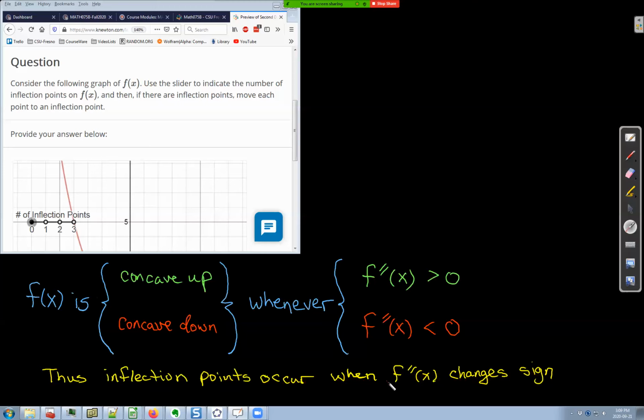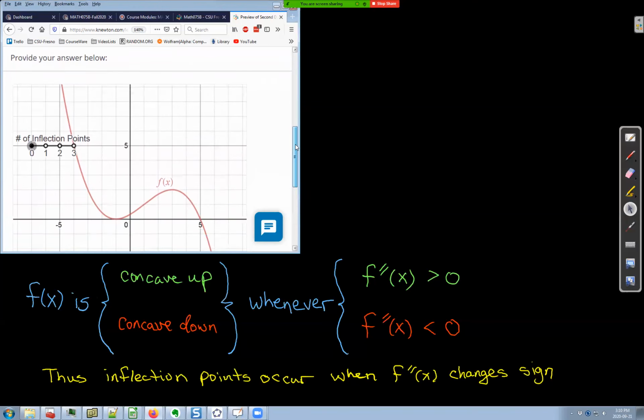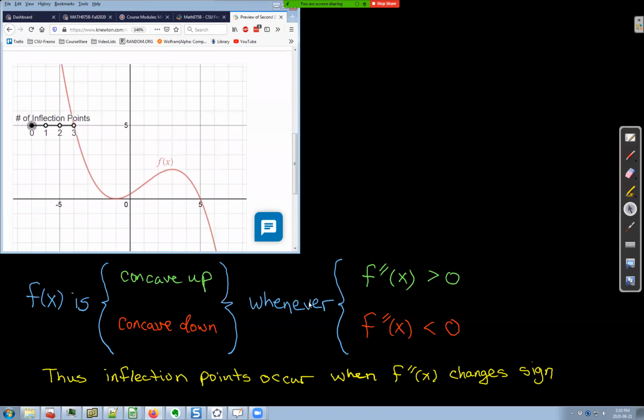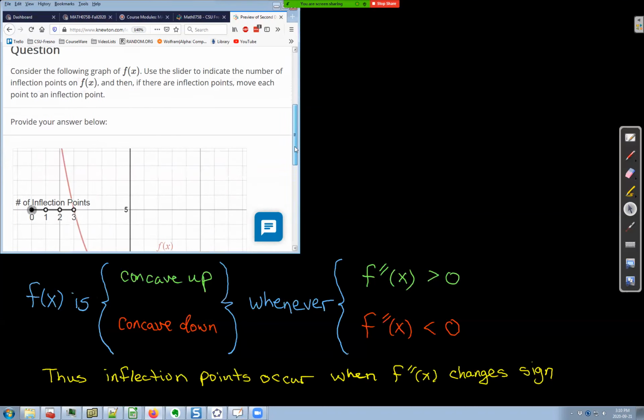So what I have written at the bottom of the screen here is all completely true, but this problem's maybe a little bit of a trick question, because this is not useful for this problem. They're showing us the graph of f, so I don't actually have any information about f double prime.